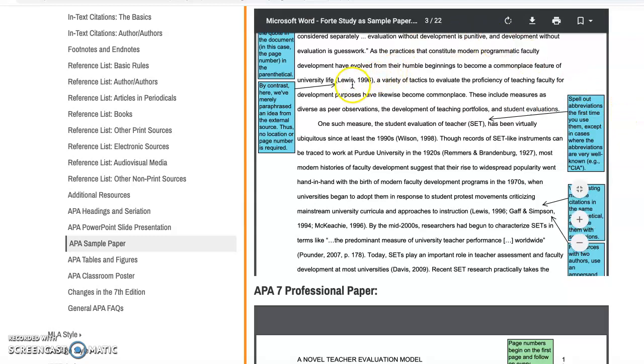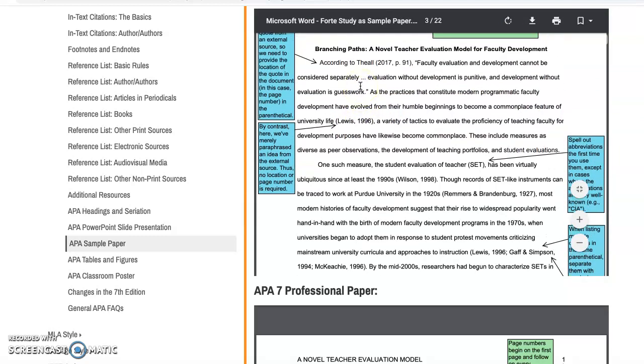You'll notice that there are these citations. There's a couple of different kinds. This would be considered an in-text citation. This is considered a parenthetical citation.